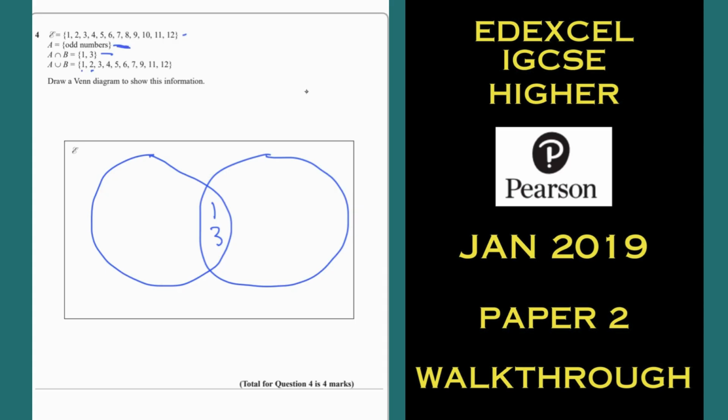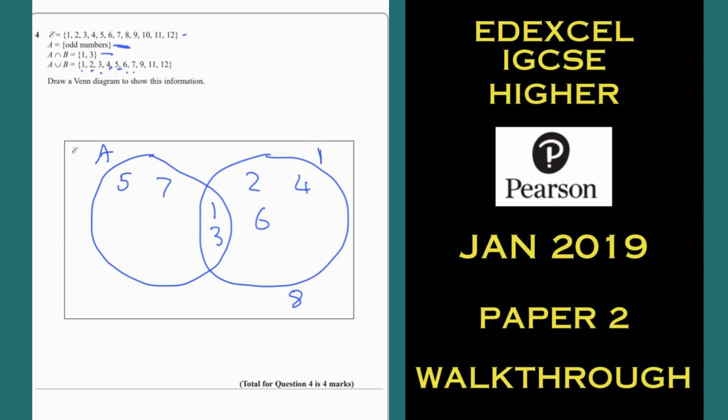Can't go into A because A is odd. 3 is done. 4 is also even. 5 hasn't been thought of yet. 6 is even, has to go over here. 7 hasn't been mentioned yet. That's an odd. We've skipped 8, so 8 must be outside the zone. It's not in A or B.